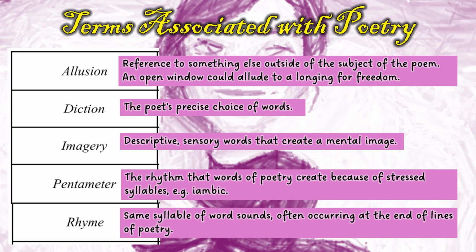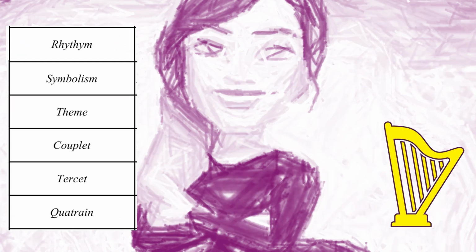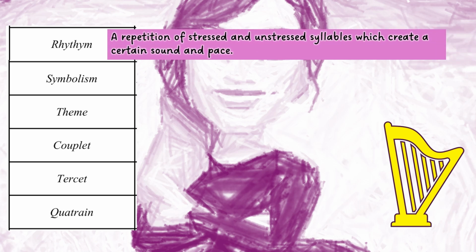We will discuss rhyme by using the alphabet, such as A, B, A, B or A, B, C, B. That will make sense later on in this video. Rhythm. This is the repetition of stressed and unstressed syllables which create a certain sound and pace.